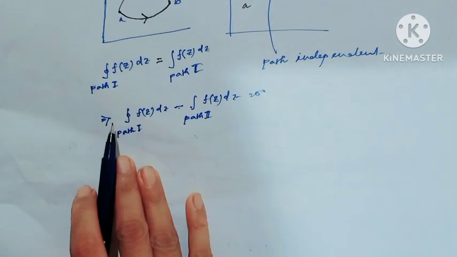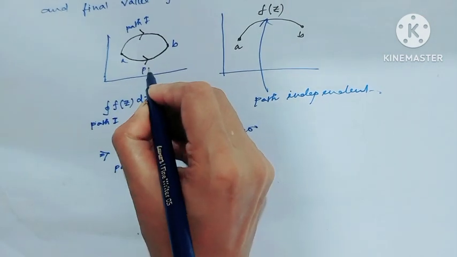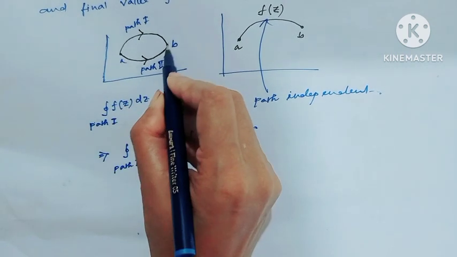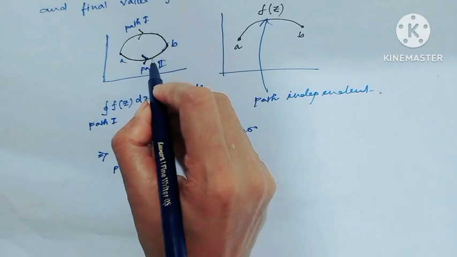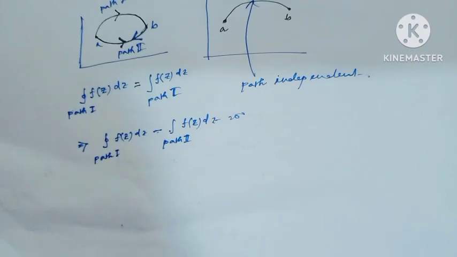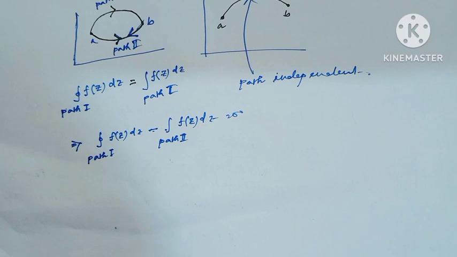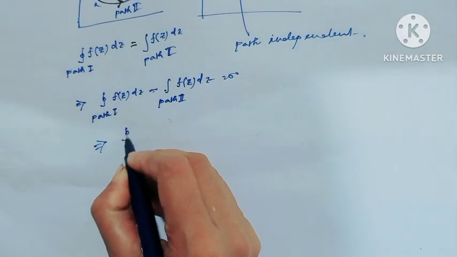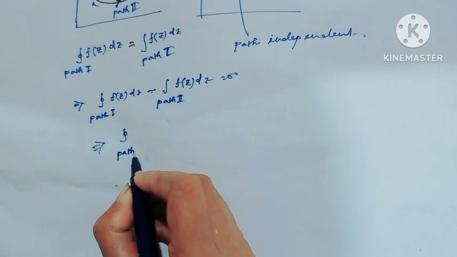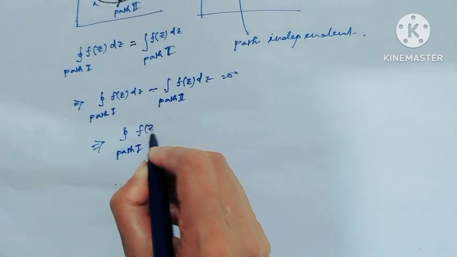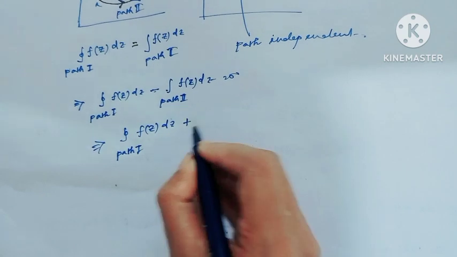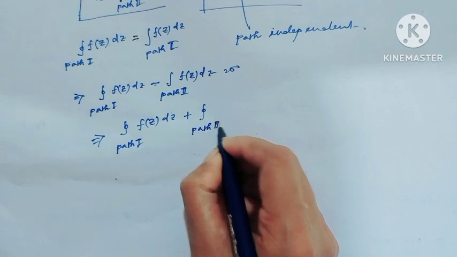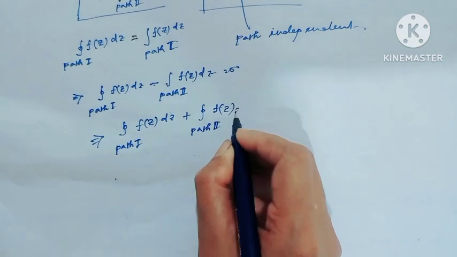If we change the direction of path 2, which is in this direction, to the opposite direction, then this would be the integration over path 1 of f(z) dz plus the integration over path 2 of f(z) dz equal to 0.